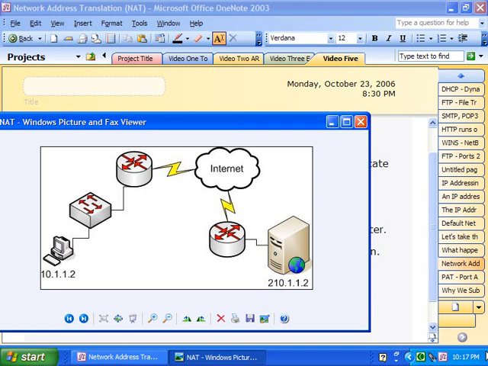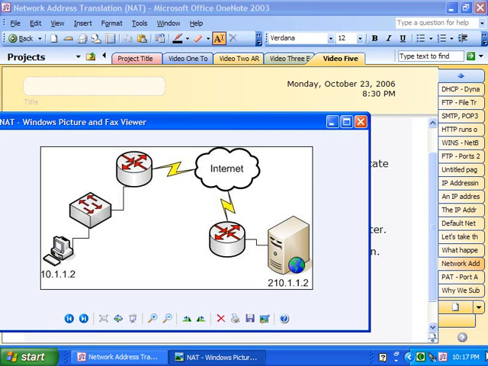And the only device that even knows this is going on is the NAT router itself. The entire process is absolutely, totally transparent to both the host and the web server. We don't have to go to the host and configure it for NAT. The only device that needs to know about NAT is the router.